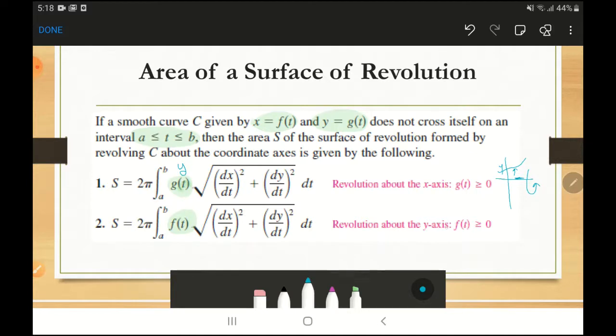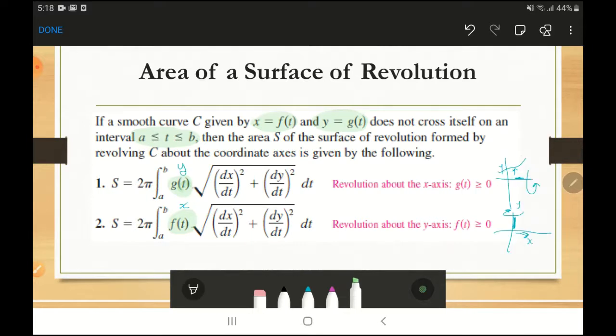If you revolve about the y-axis, then you will need x over there, because you are revolving around the y-axis, times the arc length element.